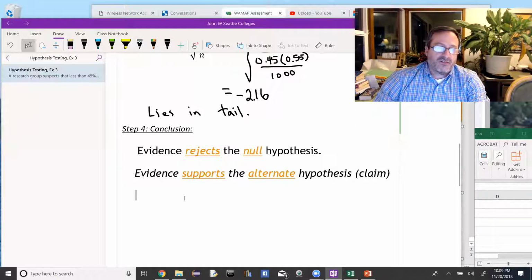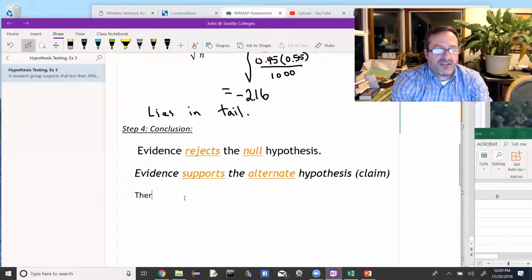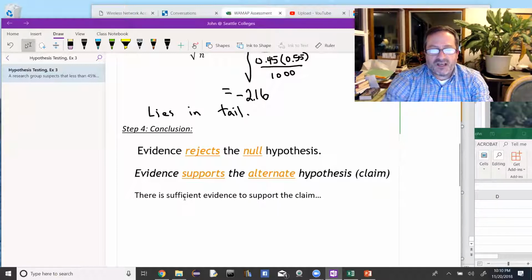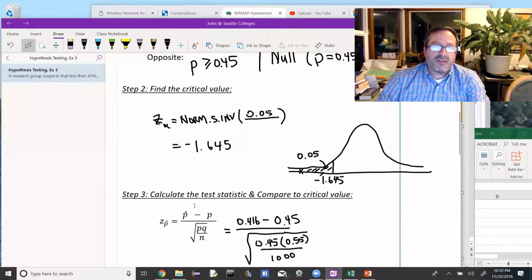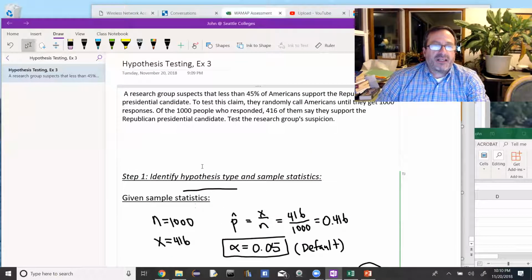And in our conclusion, we could type this out, would say there is sufficient evidence to support the claim... What is the claim? To go back up, maybe look at it again.